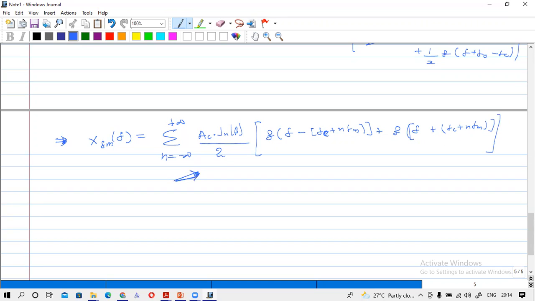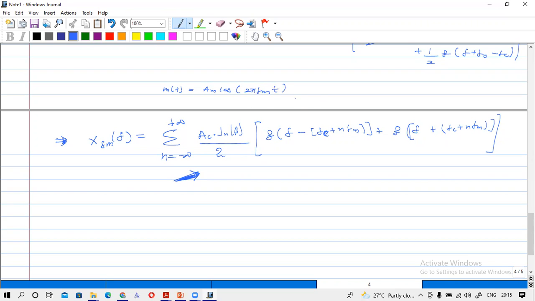Actually, I think this is much easier. This is derived for a message signal of the type Am cos 2π fm t. Our signal is also of this type.